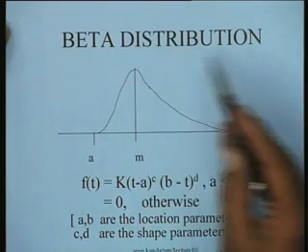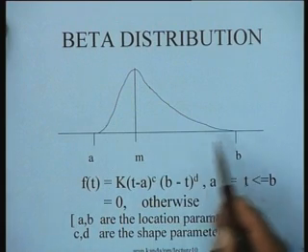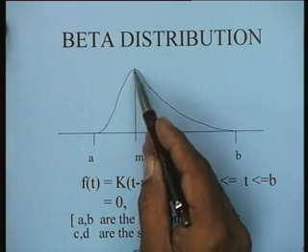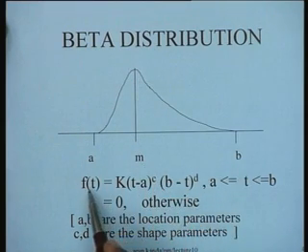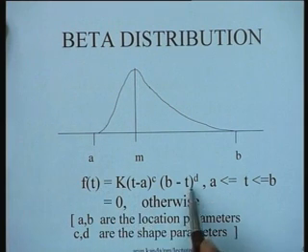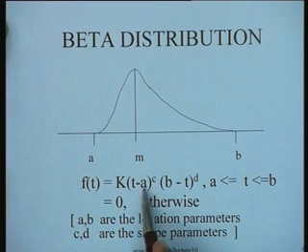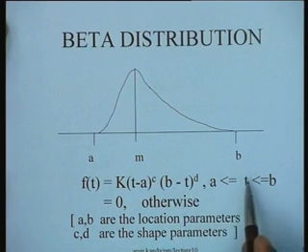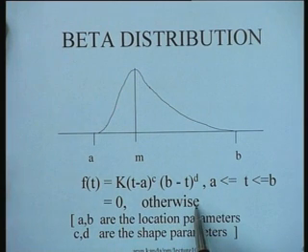You see that the beta distribution is a distribution which has a minimum value at A and a maximum value at B, and it has a mode, a maximum peak at this particular value of M, and in fact the probability density function of the beta distribution is given by this particular function, where k is a constant, and this is multiplied with (t - a) to the power c and (b - t) to the power d, where t lies between a and b, and it is 0 otherwise.